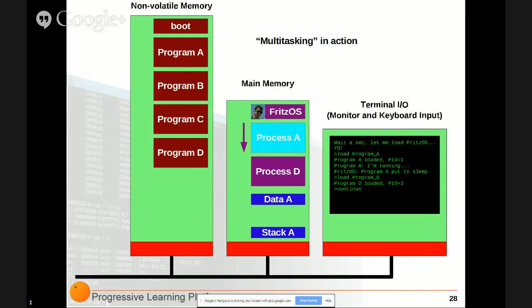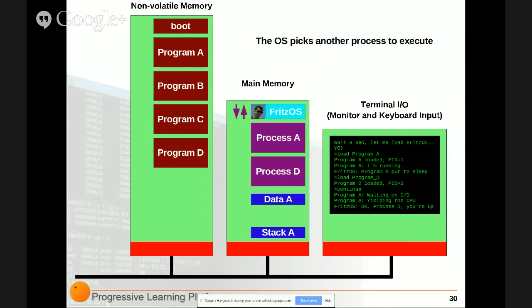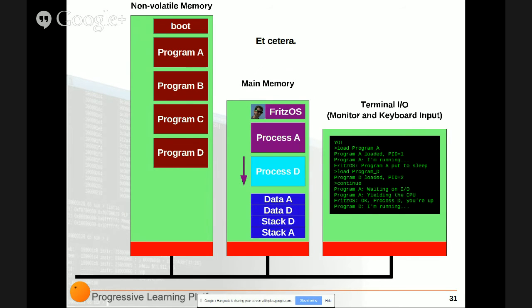So let's continue. Process A is running again. Now, when process A is waiting for I/O, we can make it yield the CPU. Right? Hey, you're doing nothing anymore. Why don't we just take over the CPU, which effectively puts process A to sleep, and then let process D do its business, right?